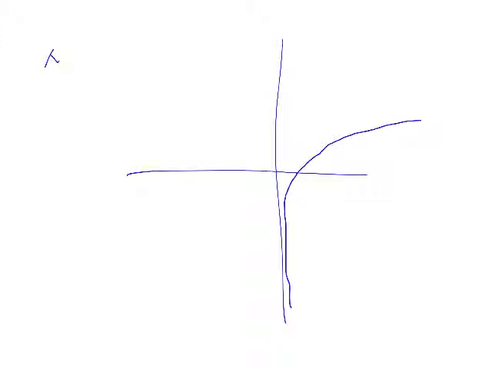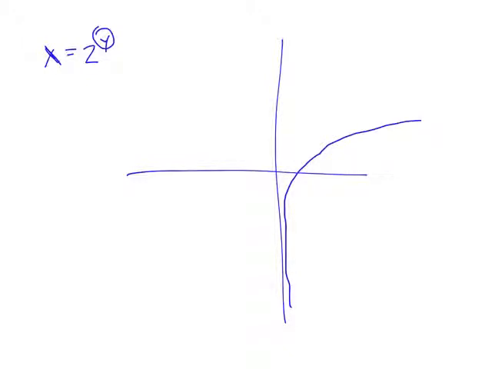And when we have a function that looks like this, there is nothing that we can put in for y that's going to give me an x value of 0. So that's why my x value never gets to be 0. So therefore my y-axis is going to be a vertical asymptote.